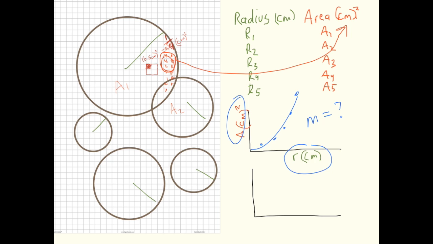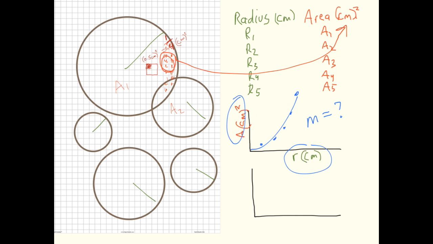There is no direct relationship between the radius and the area because it keeps changing. It's not linear at all. It's this curved line. Think about it for a second. We have centimeters squared on the y-axis. We've got centimeters, regular old centimeters on the x-axis. Those aren't the same, and so we're going to have this kind of skewed, bent graph right here.